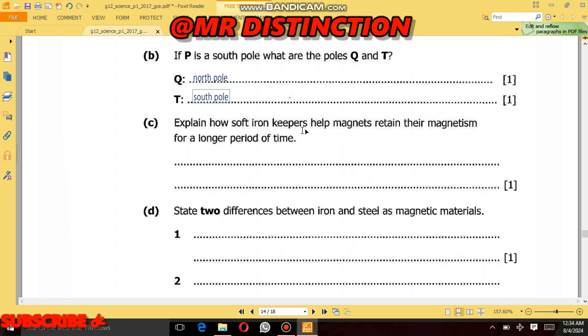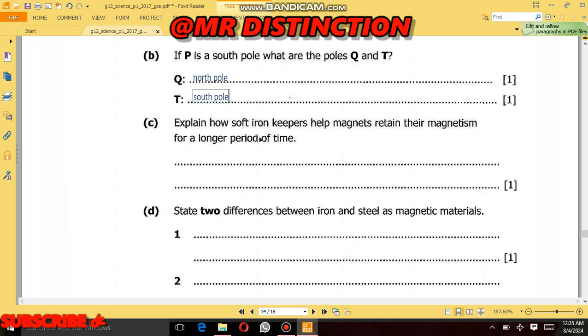For that reason, in most cases, we use soft iron keepers. What do they do? They prevent the spreading of magnetic fields, which weaken the magnet.